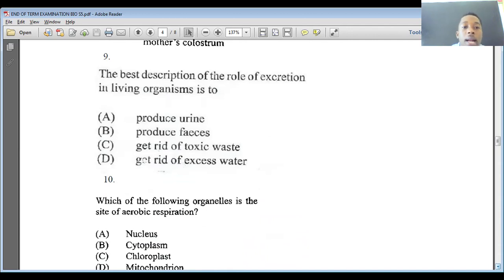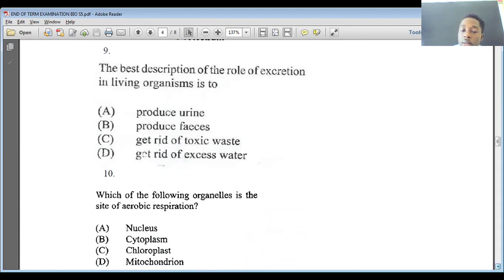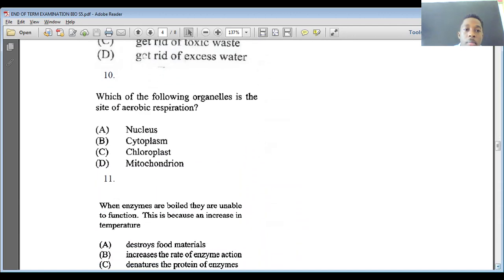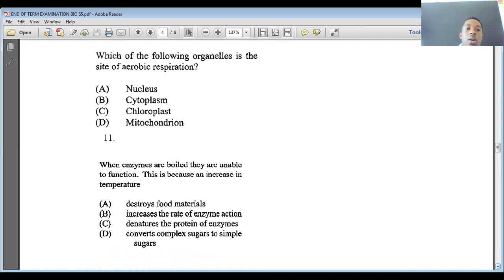All right, number 9. The best description of the role of excretion in living organisms is to get rid of toxic waste. Excellent. Which of the following organelles is the site of aerobic respiration?